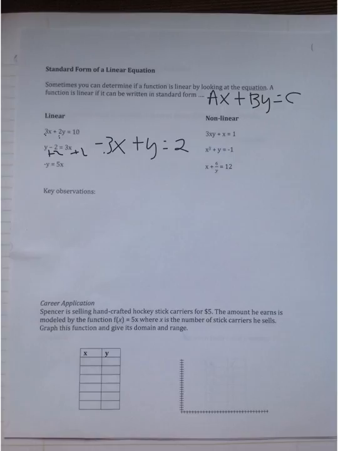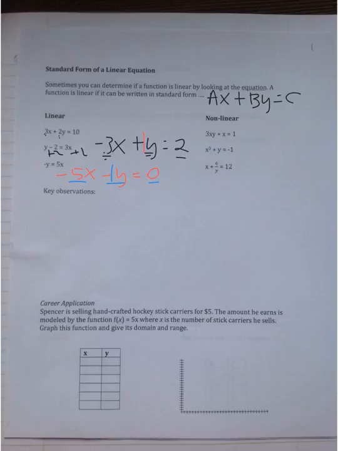So you do have it in ax plus by equals c. And the value of the b in this case is that 1. Negative y equals 5x. We can go ahead and subtract 5x, and we have negative 5x minus y equals 0. So we have ax, there's your by, and there's your c. So these are all linear.